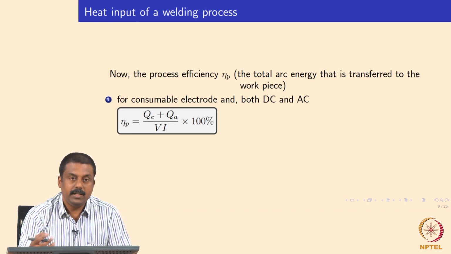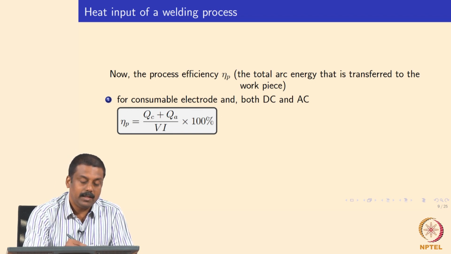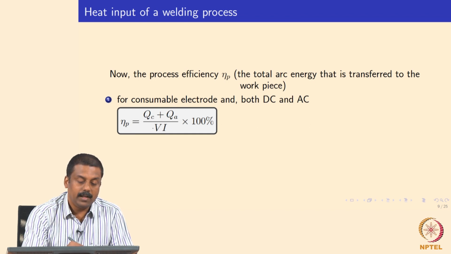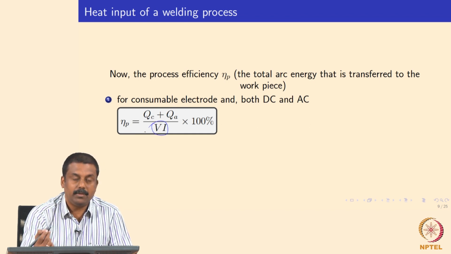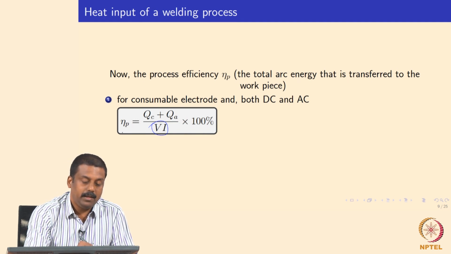So the total efficiency is the heat generated in the cathode fault zone plus the heat generated in the anode fault zone, and because we are transferring the droplets from the electrode to the workpiece, the total heat generated is Qc plus Qa, and the total heat transferred over the energy supplied to the system, which is VI, times 100, gives you the efficiency of the process.